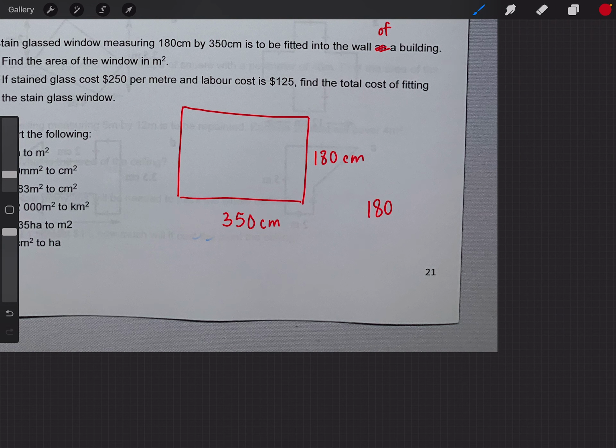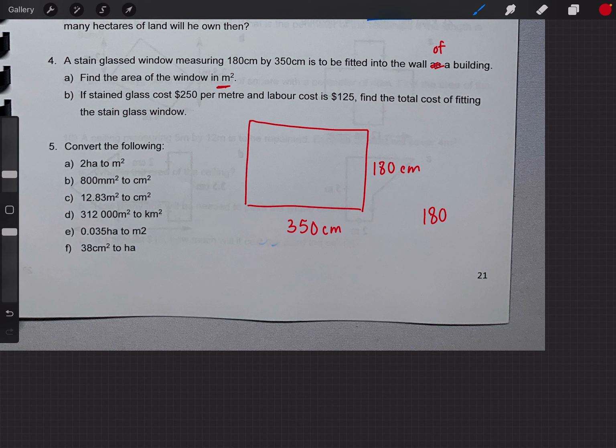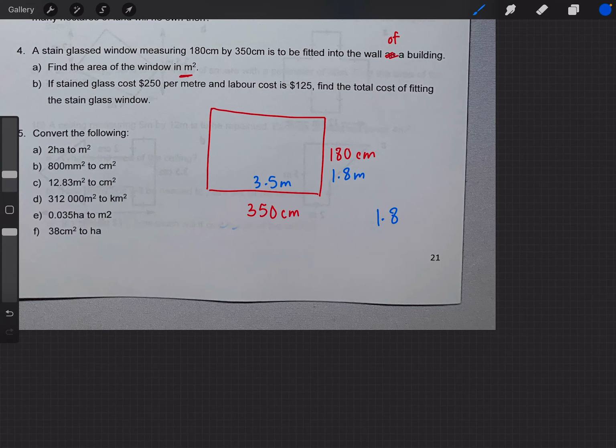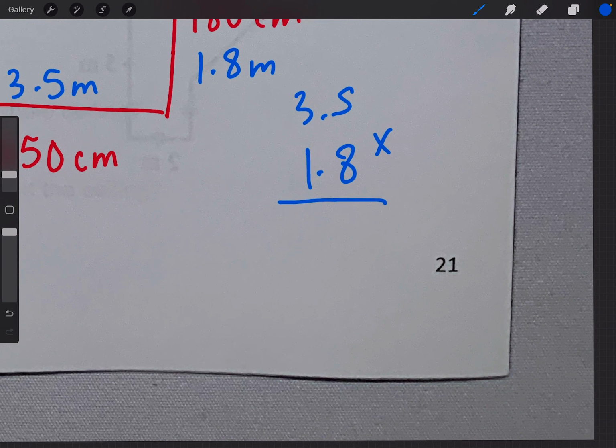Actually, they want it in meters squared, so change it into meters first. I'm going to put the meters in blue. This is the same as 1.8 meters, and this is the same as 3.5 meters. So to find the area, we just do 1.8 times 3.5. 8 times 5 is 40. 8 times 3 is 24, plus 4 is 28.